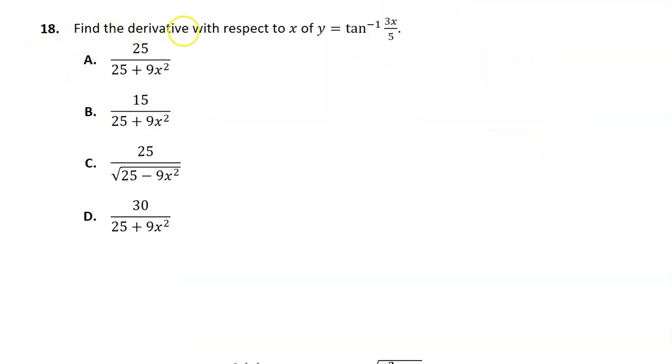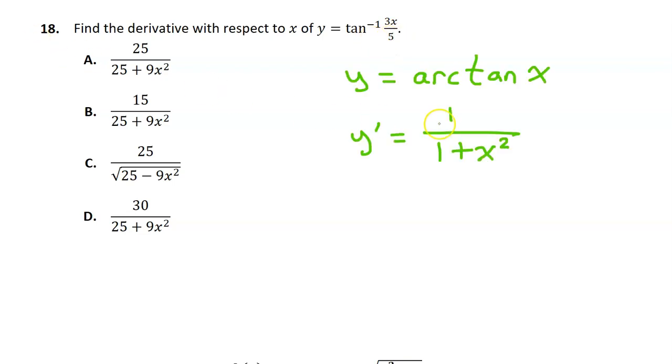Number 18, find the derivative with respect to x of y equals inverse tangent of 3x over 5. Let me again remind you of one of those rules that we simply have to memorize. And let me remind you that inverse tangent and arctangent are the same thing. So the derivative of arctangent is 1 over 1 plus x squared.